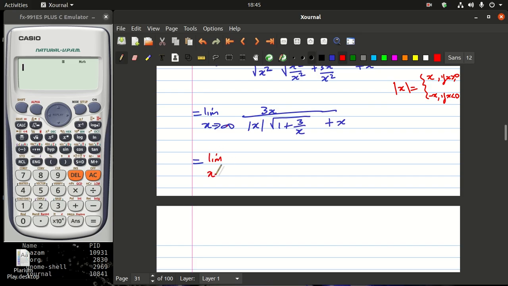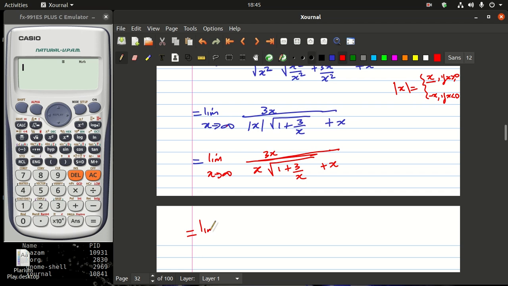So we have the limit as x approaches infinity of 3x divided by this absolute value, which is just going to be x, because infinity is bigger than or equal to 0. So we have x times the square root of 1 plus 3 over x, and then plus x there.